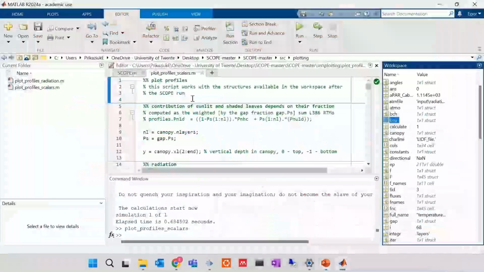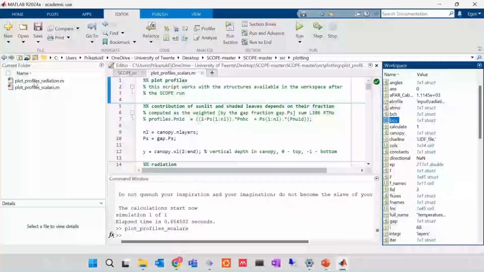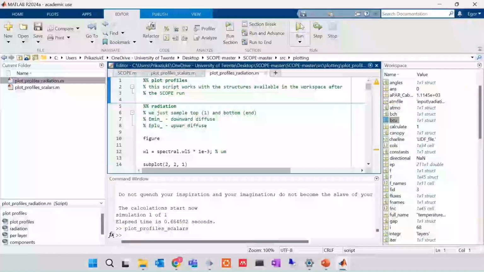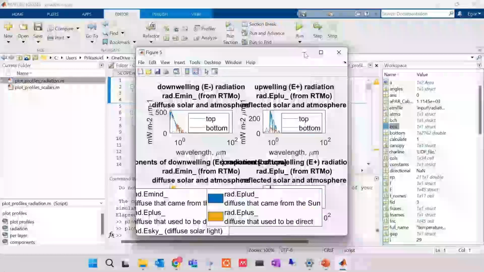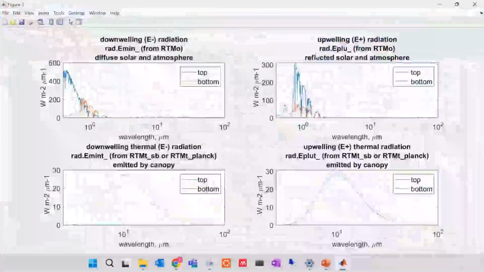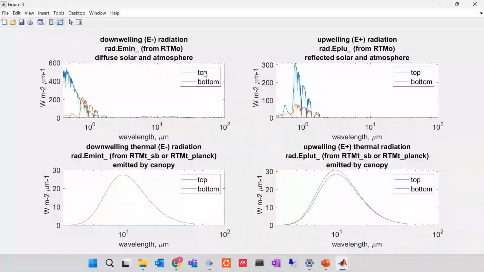Well, now let's see how the profiles of those radiations look like. Again, I plot all the scripts. And what we see at the top of canopy, we have a structure RAT that was covered in the previous module.